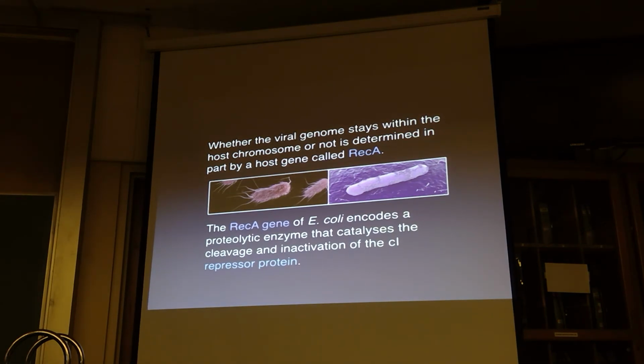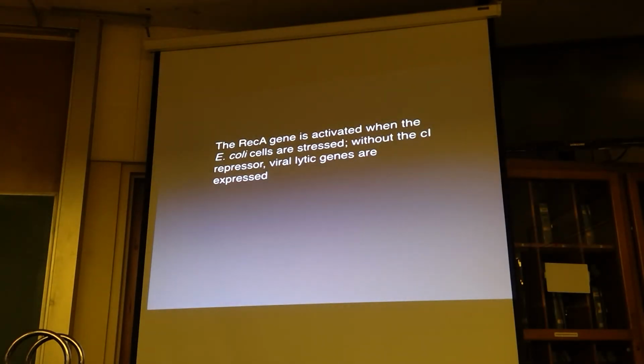So if the cell expresses recA, that protein will destroy the repressor protein. This is inactivation of a repressor that doesn't involve a co-repressor binding to it, doesn't involve an inducer binding to it. It involves that repressor being destroyed. So an enzyme takes it apart. The RecA protein destroys that repressor, and once the repressor is destroyed, then the lytic genes can be expressed.